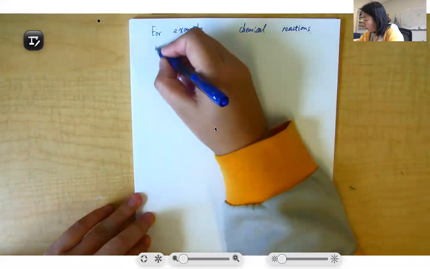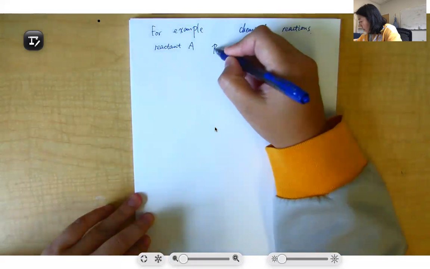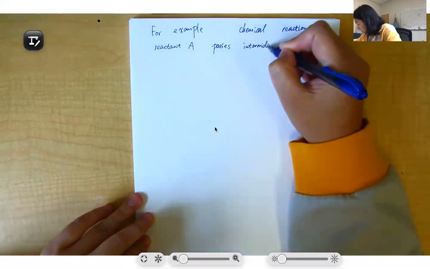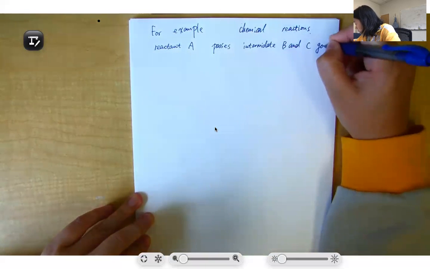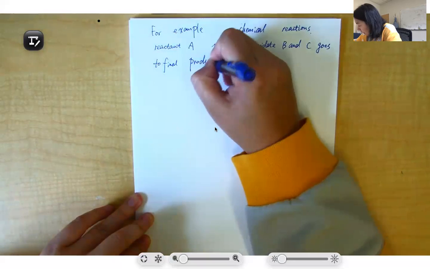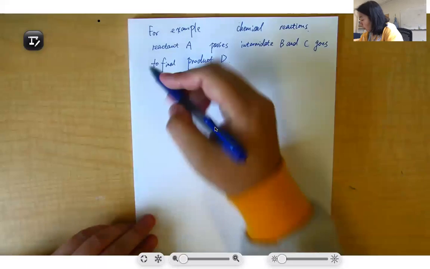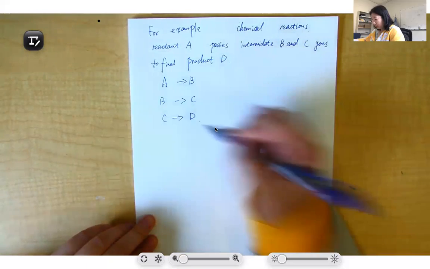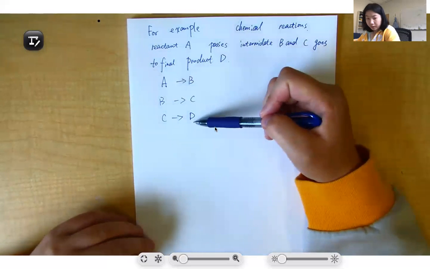Let's say our reactant is A, and it will pass through intermediates B and C and go to the final product D. It's like a chain reaction here. It will go from A to B, B to C, C to D. So these are 3 reactions from reactant A going to final product D.